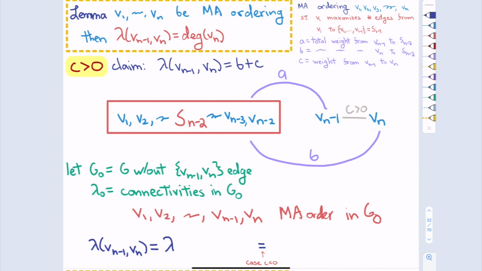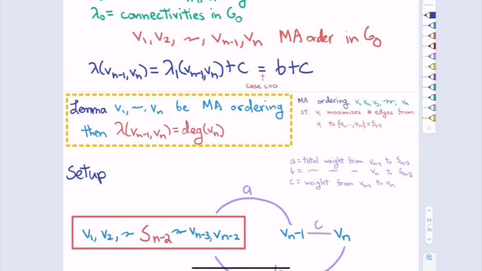So it'll be the connectivity in this smaller graph plus c, exactly. And we've already analyzed the c equals 0 case, which would have given us b. All right, so that is the funny proof.